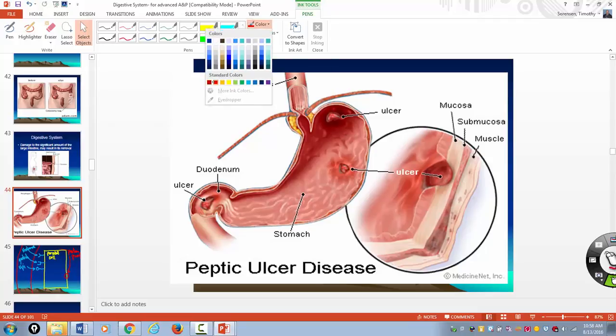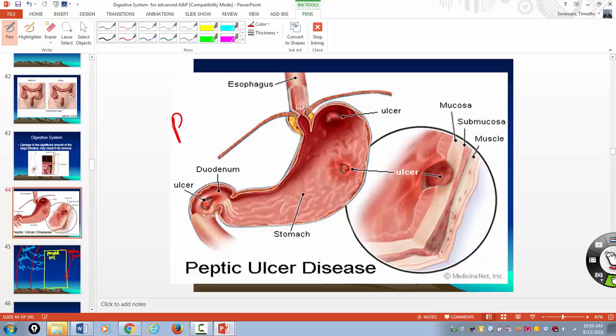Now, watch. One of the chemicals that signals the production of mucus from goblet cells is this chemical called prostaglandins. Prostaglandins are involved in inflammation, they are involved in pain, and they're also involved in the production of fever in the body.